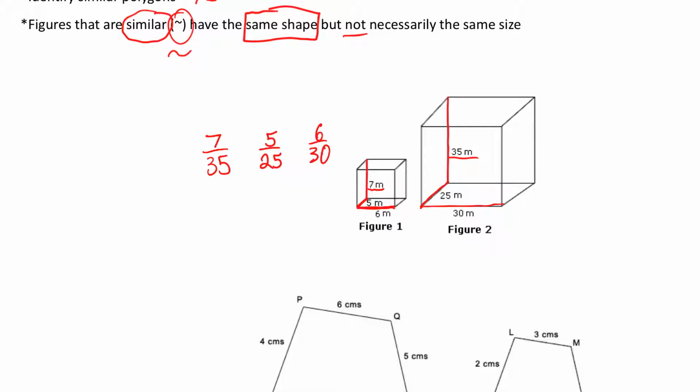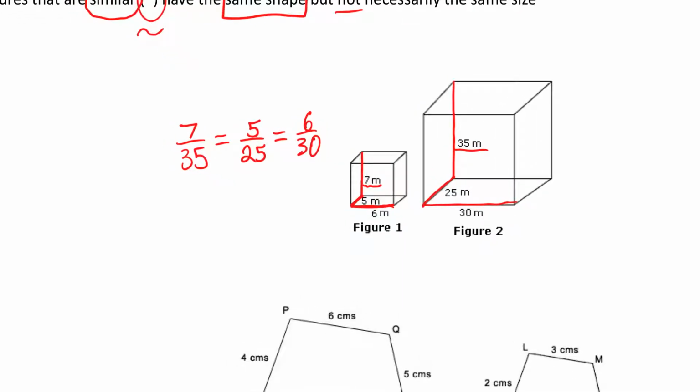So what I want to know now is, is this proportional like what we talked about yesterday? Are all of these equal? Or in other words, did all of the sides grow by the same scale? Okay, so 7 divided by 35, put that in your calculator and get a decimal. What is 7 divided by 35?